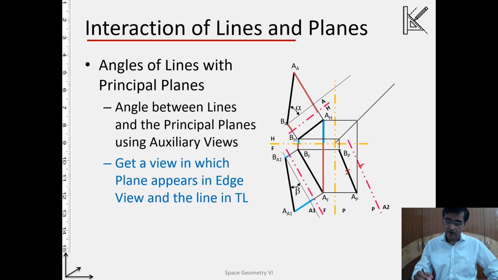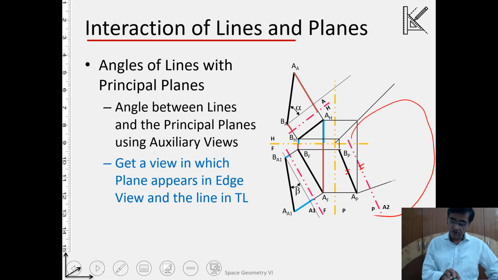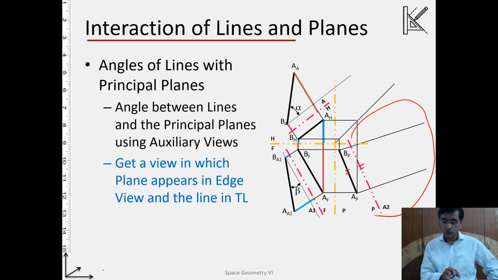So parallel to the line I am taking the hinged line, or the edge view of the plane, which is going under the screen. Then I will open it up. So this entire area becomes the auxiliary plane. So on that auxiliary plane I am taking the projectors from A2, in this case the profile, and then I am measuring the distances from A1, in that case the frontal.